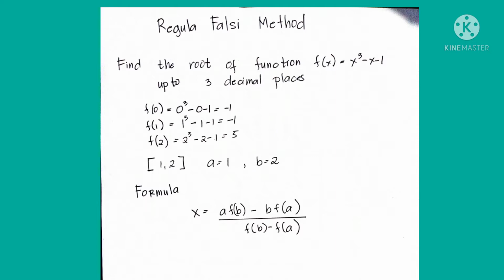Let's start. f of 0 is equal to 0 cubed minus 0 minus 1, which is equal to negative 1. f of 1 is equal to 1 cubed minus 1 minus 1, which is equal to negative 1. f of 2 is equal to 2 cubed minus 2 minus 1, which is equal to 5. So, now we have here the succeeding negative and positive answer. And our interval is 1 and 2. Our A here is 1 and B is equal to 2.